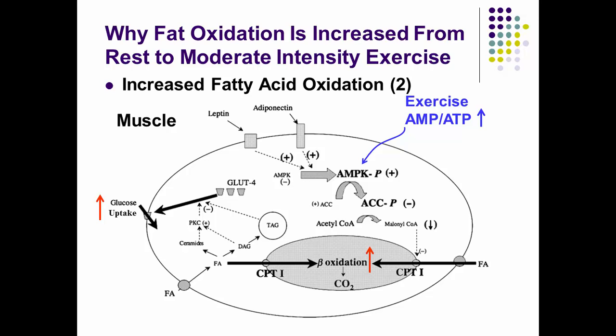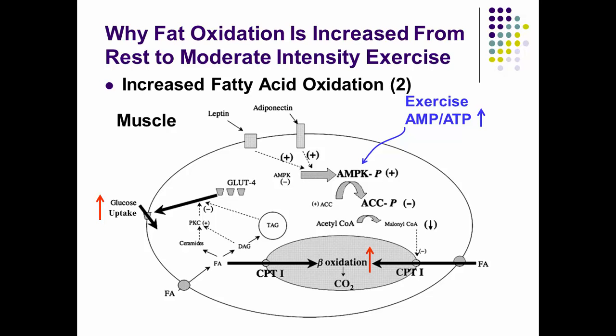Once phosphorylated, ACC becomes inactive, and this is a key enzyme for the formation of malonyl-CoA from acetyl-CoA, so malonyl-CoA levels decrease. Malonyl-CoA is the inhibitor of CPT1, so if malonyl-CoA levels decrease, you release the inhibition of CPT1. This leads to increased CPT1 activity and allows more fatty acids to be transported into the mitochondria, increasing beta oxidation.